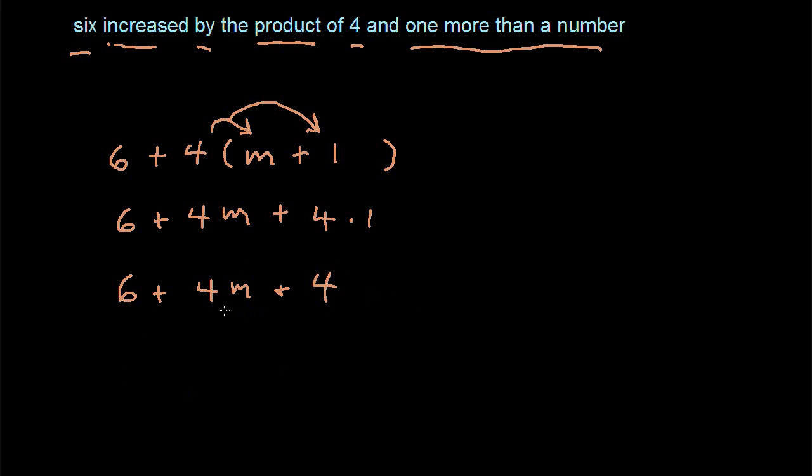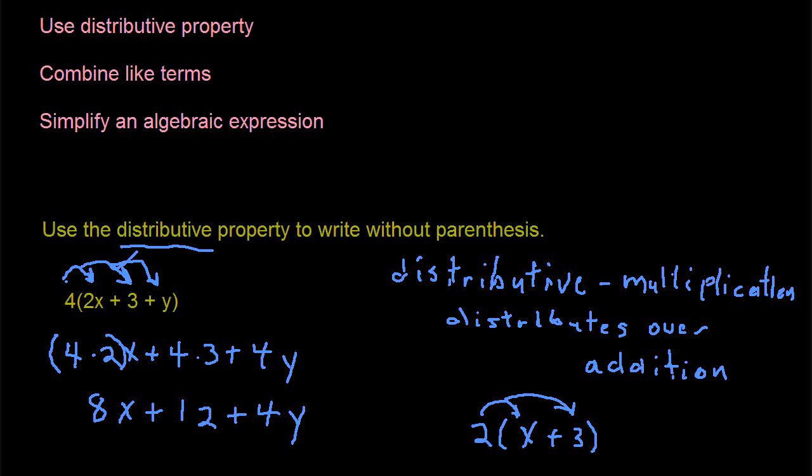The next step is to rearrange terms so that we have like terms together. In this case, we use the commutative property to write 6 plus 4 next to each other, and 6 plus 4, they're alike, and that adds up to 10. 10 plus 4m. Completed that problem.